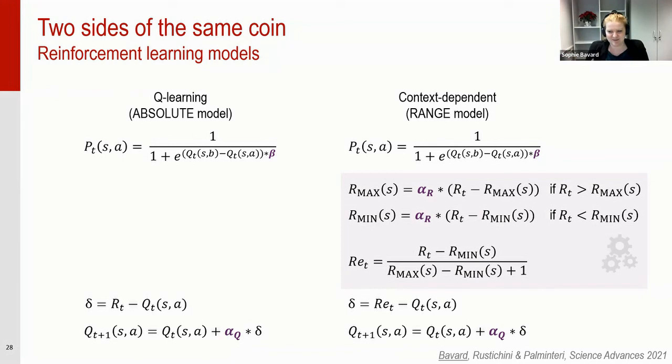Again, I don't know what the participants' behavior could be because I'm not sure in which way the learning is going to go, but I think it could at least still be modeled with this model. But then maybe there could be a difference because, as I said, this maximum and minimum values depend on the context. So I guess if you want to change the background context and not the pair of options, we would need to make them depend on the pair of options. And this way, even if you change the values, it will be able to adapt. I think, well, I might be wrong, but from what I understand of your question.